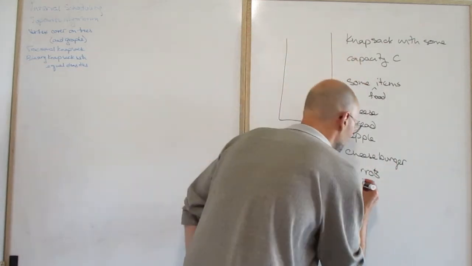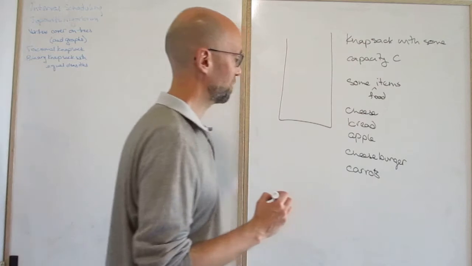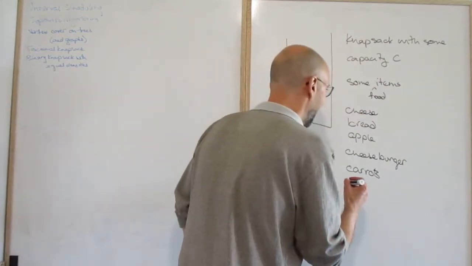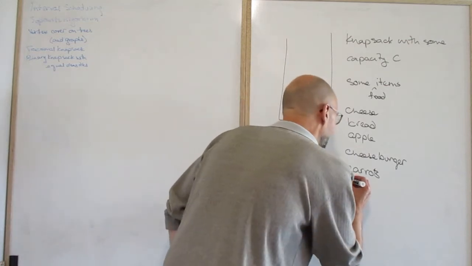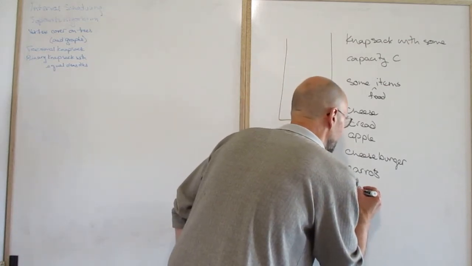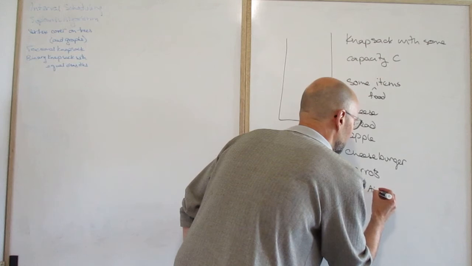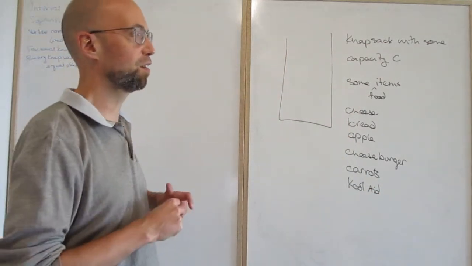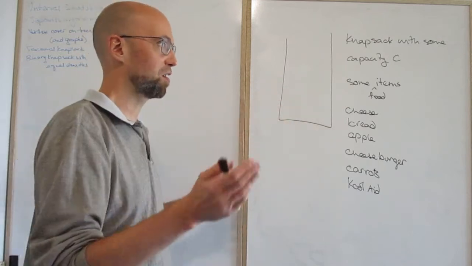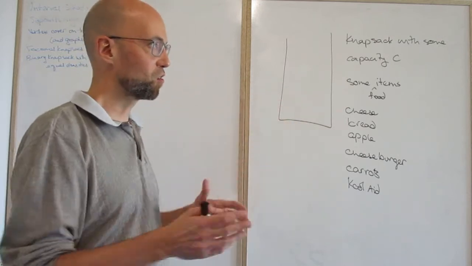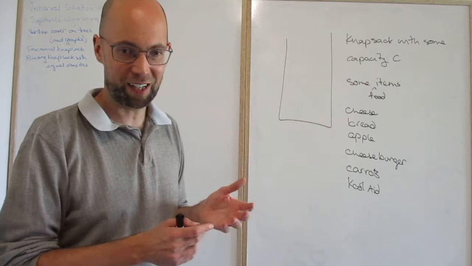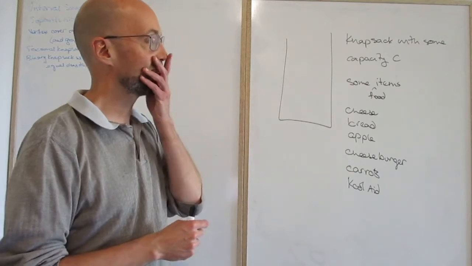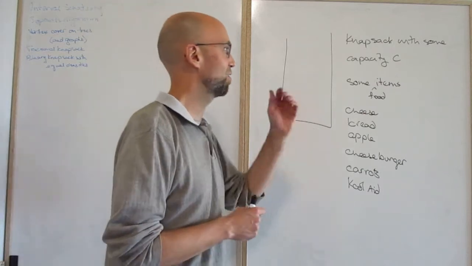Oh, I'm going to leave out eggs. Kool-Aid. This is going to be an interesting one. But let's suppose you have lots of different sizes of containers, so you can choose however much Kool-Aid you want to take. It's hot today, it said it's going up to 24.